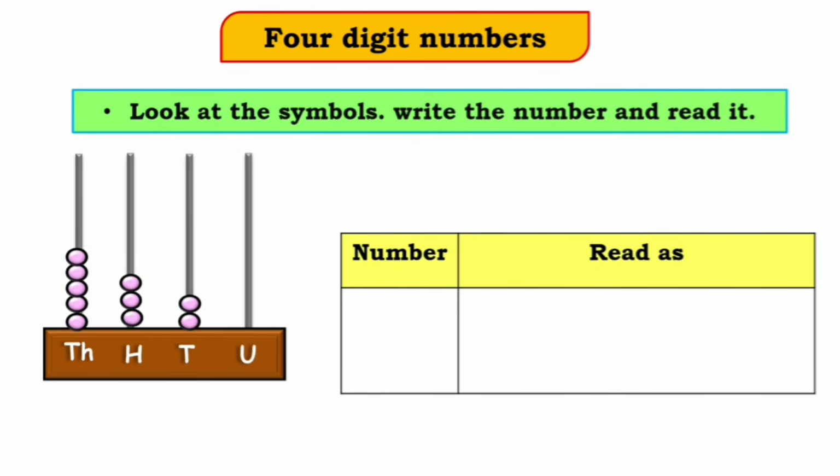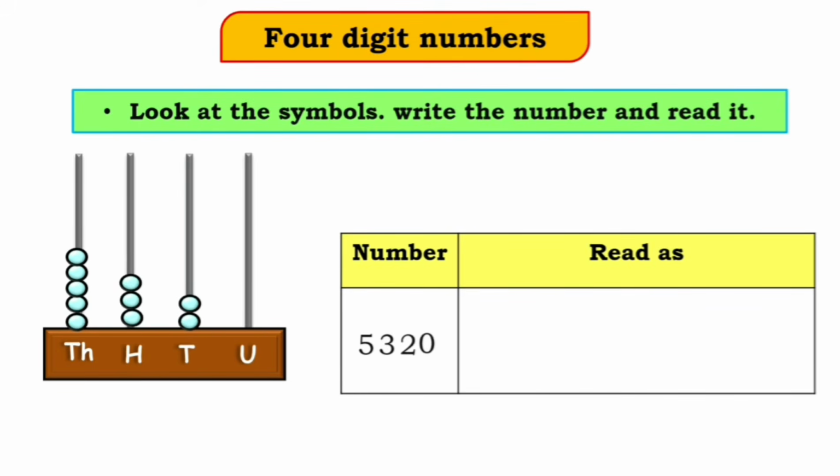Here in this abacus we have 5 beads in thousands place. So we will write 5 in thousands place, 3 beads in hundreds place. So we will write 3 in hundreds place. 2 beads shows 2 tens. So we will write 2 in tens place and 0 bead in units place.